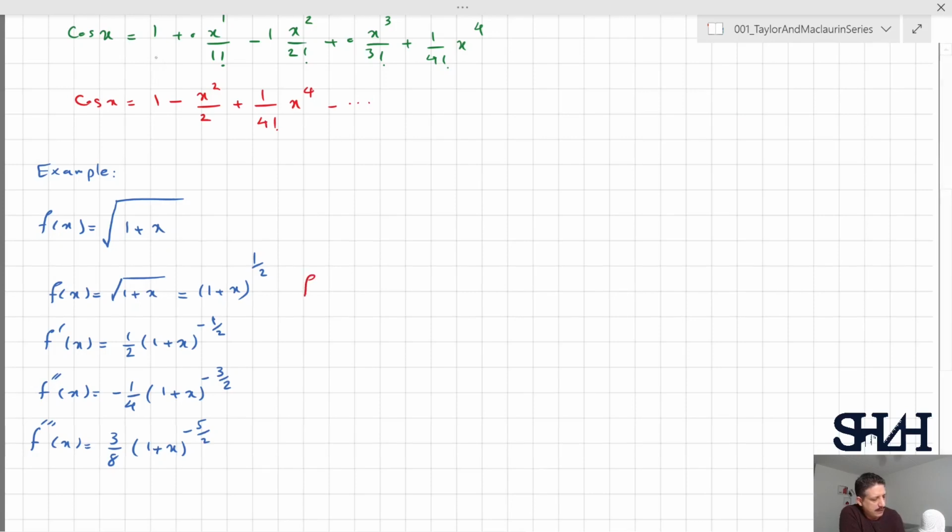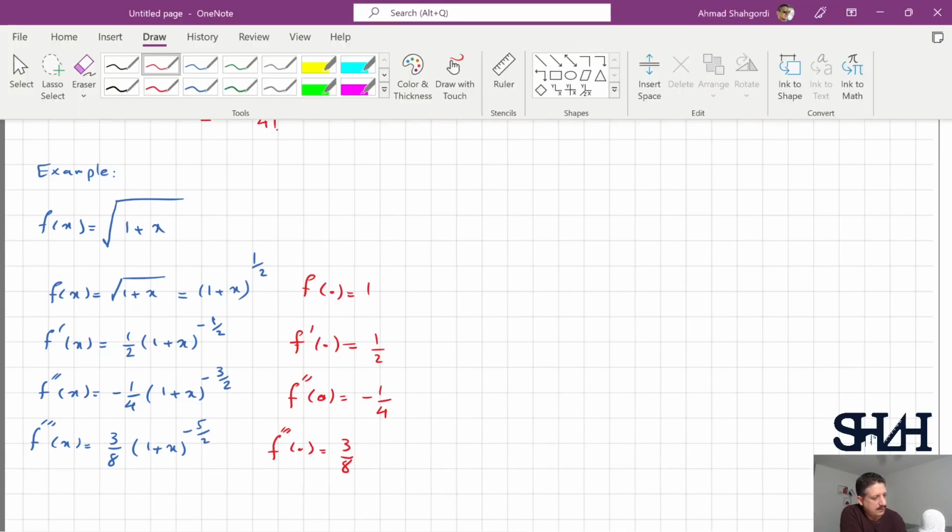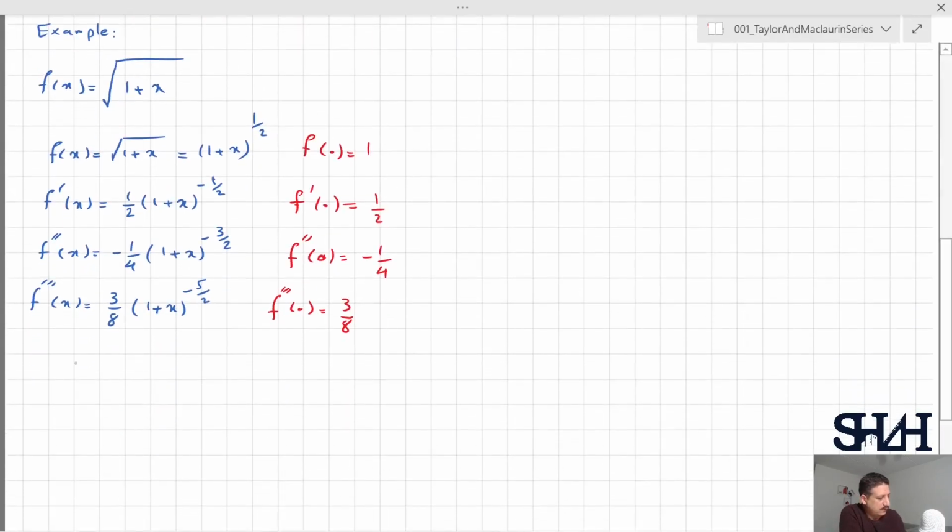So f(0) will be 1. f'(0) will be 1 over 2. The second derivative will be minus 1 over 4. And the third one will be 3 over 8. So I can write down the Maclaurin series for this one.